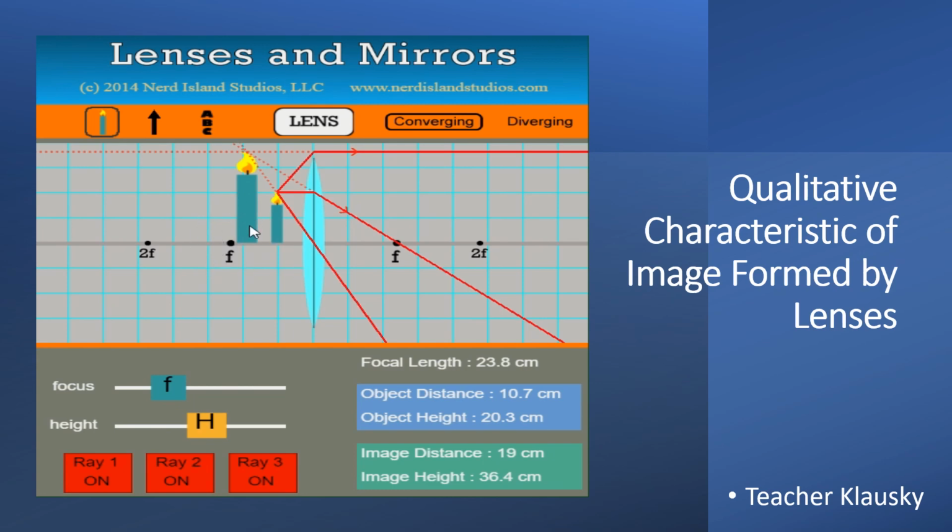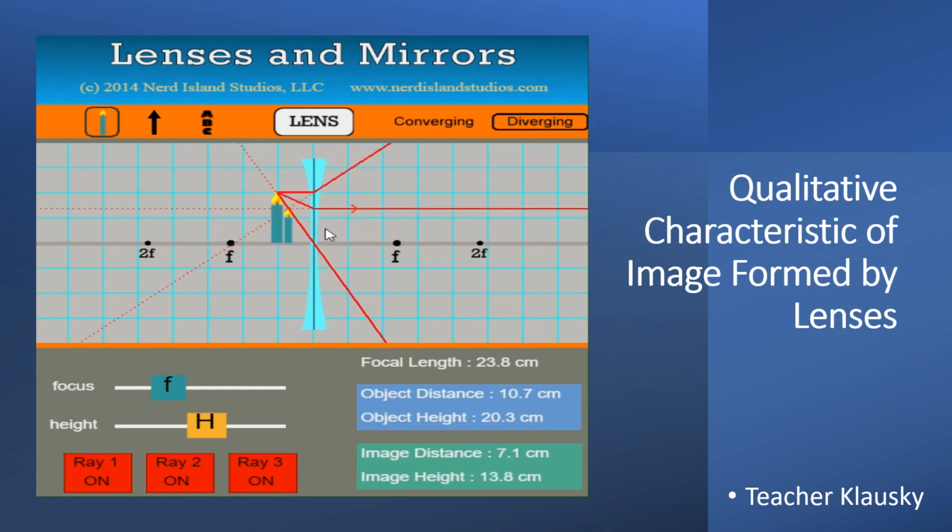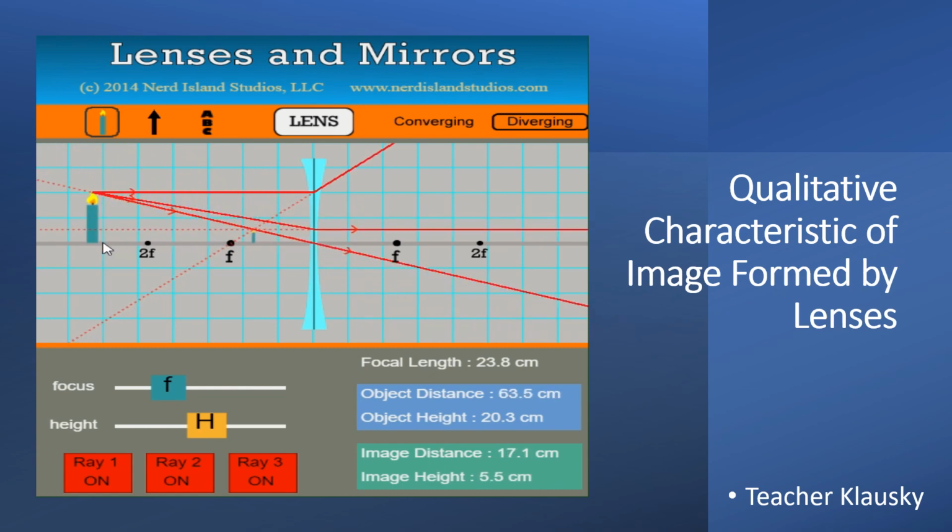Now this time, let's deal with the diverging lens or concave lens. So again, here is our object. Let's move the object here beyond 2F. You can see the three rays intersect in the first surface of the lens or on the left side of the diverging lens. There is no intersection on the right side.